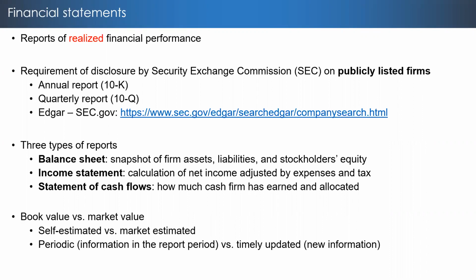About the financial reports, there are generally three types: the balance sheet, the income statement, and the statement of cash flows. The balance sheet is a snapshot of the firm's assets, liabilities, and stockholders' equity at the end of a financial period.